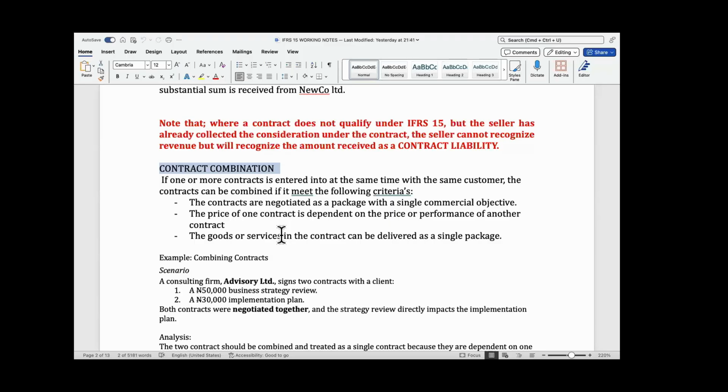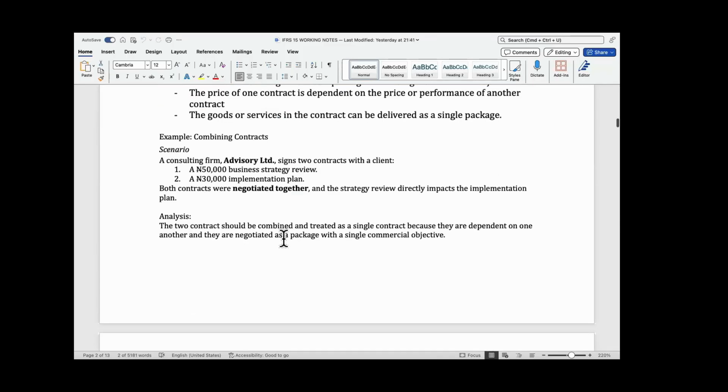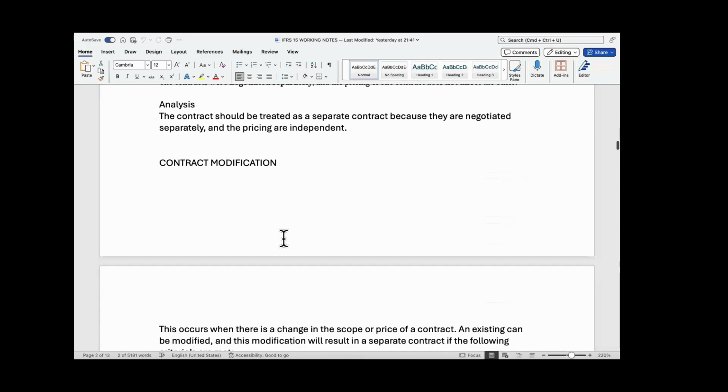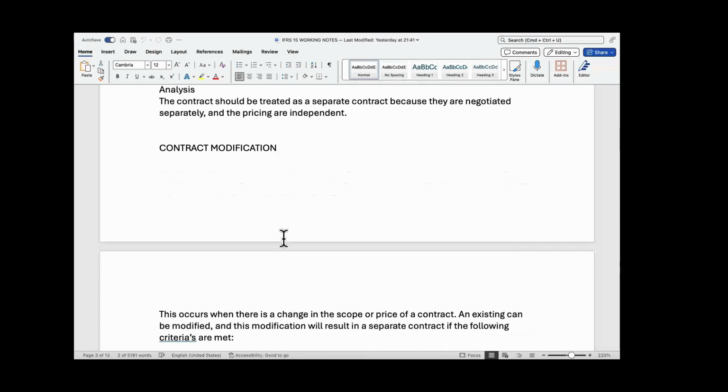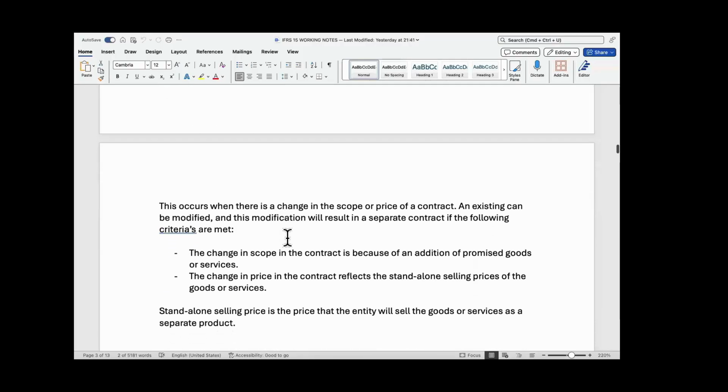And also, we looked at scenarios, of course, and we analyzed them before we looked at contract modification. We said that a contract is modified when there is a change in the scope or price of that contract.